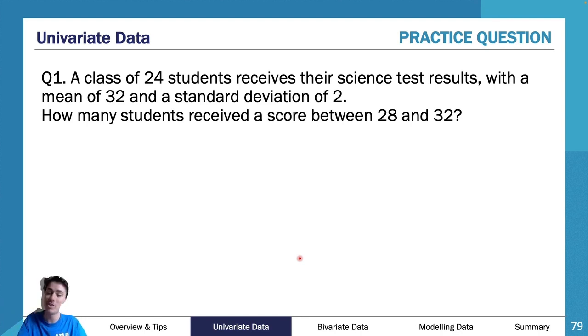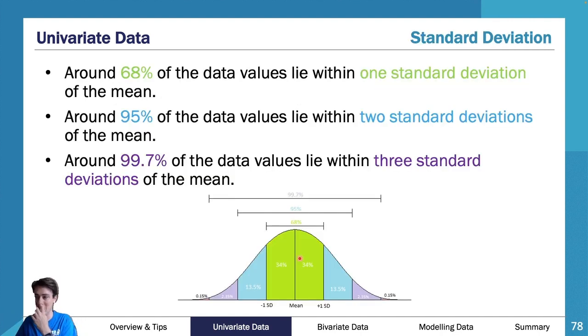So I'm going to be somewhere in between my purple and my blue, and then the mean is the other value, just over here. So what I need to do is add these 2 together. I have 34 plus 13.5, so there is 47.5% of my class between those values.